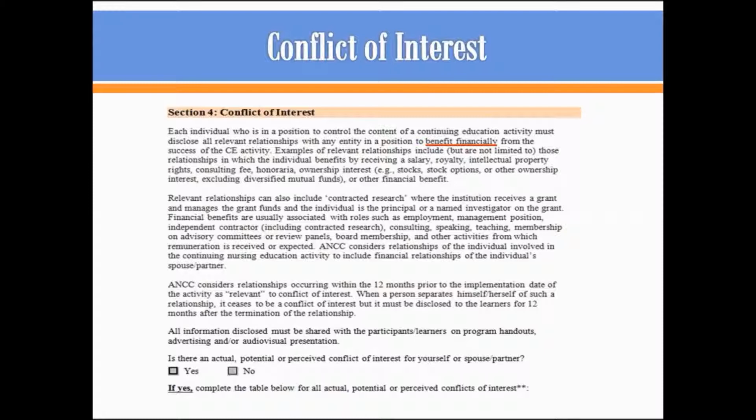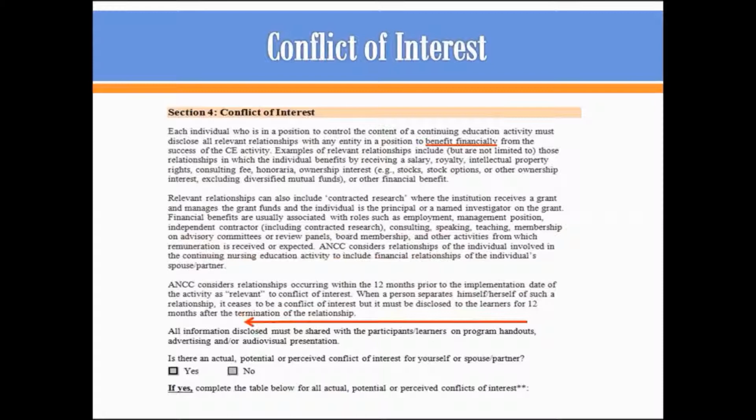ANCC wants to make sure that this is disclosed, and they want you to identify whether or not the relationship occurred within the last 12 months, and they also want to know if there is a perceived conflict of interest for yourself, your spouse, or your partner.